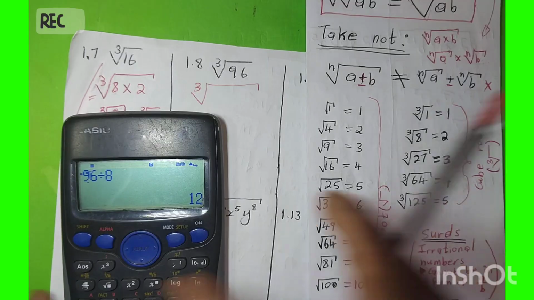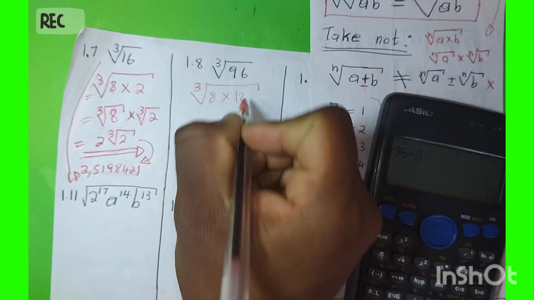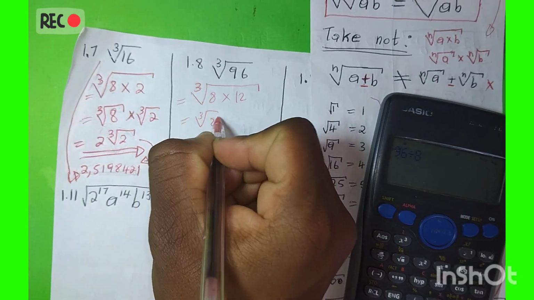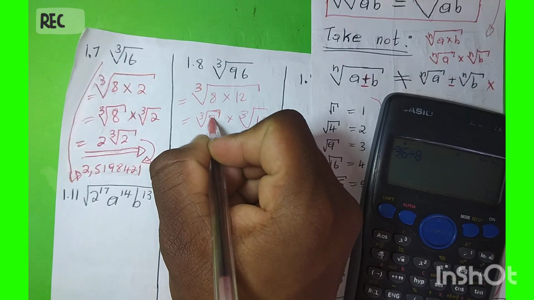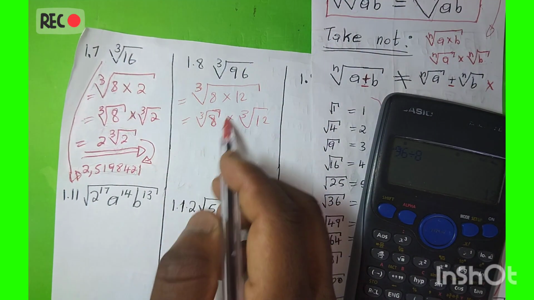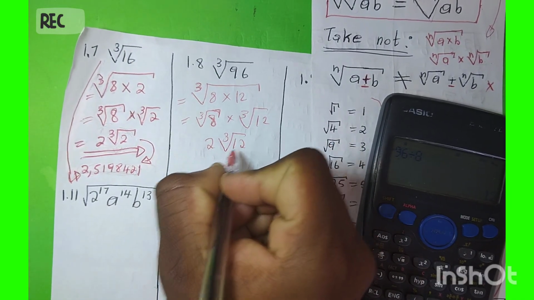Meaning I will say perfect cube multiplied by 12. I can write it as the cube root of 8 multiplied by the cube root of 12. I break down the cube root, and now the cube root of 8 is 2, times the cube root of 12.